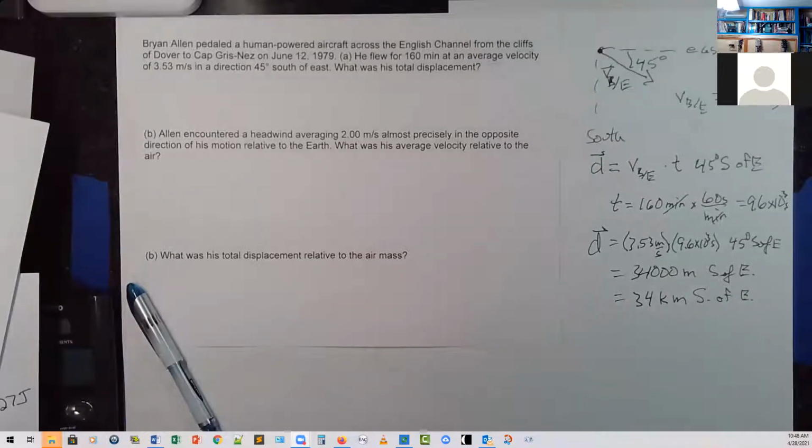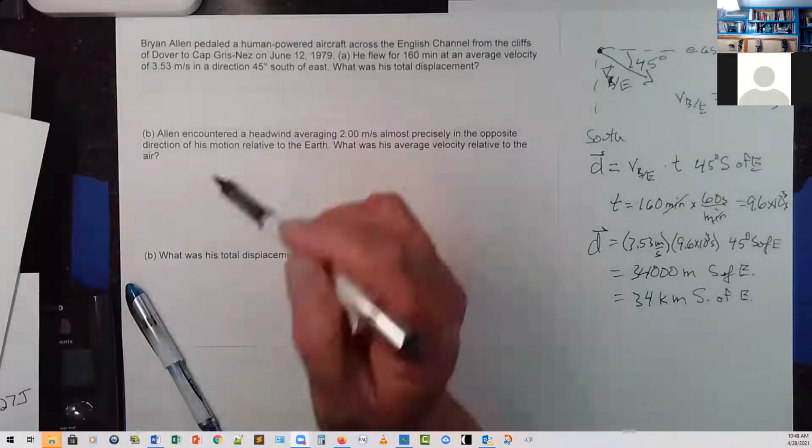So 34 kilometers south of east would be his displacement in there. And I did it here because this didn't leave me a whole lot of room up here.